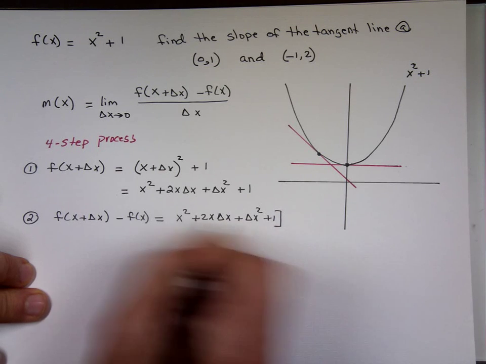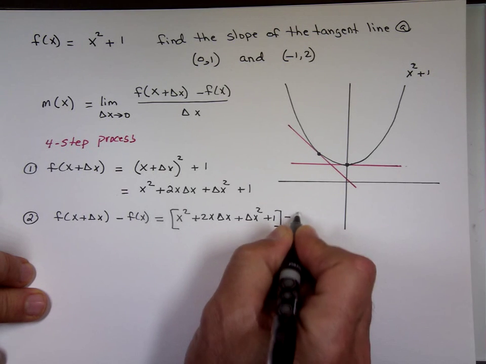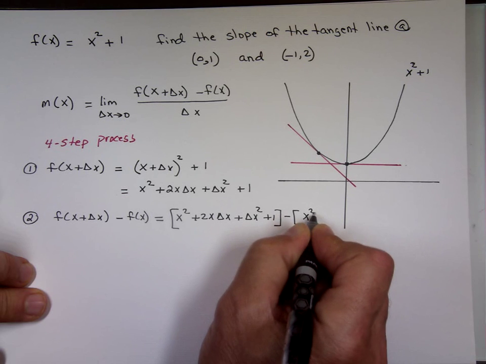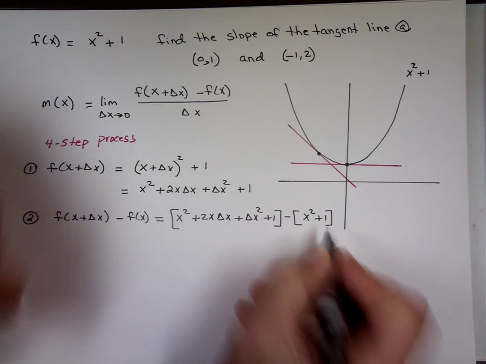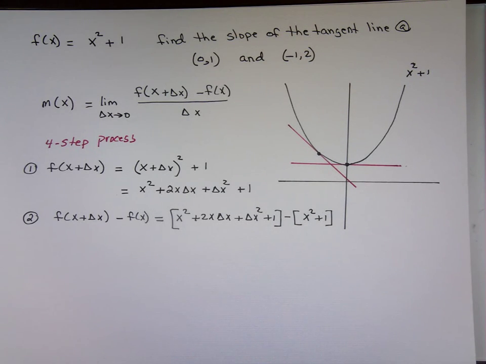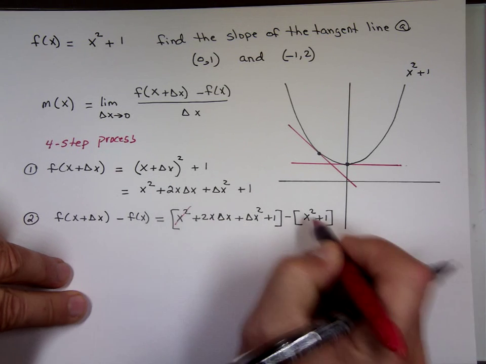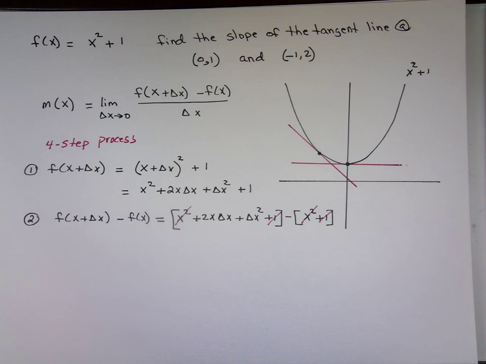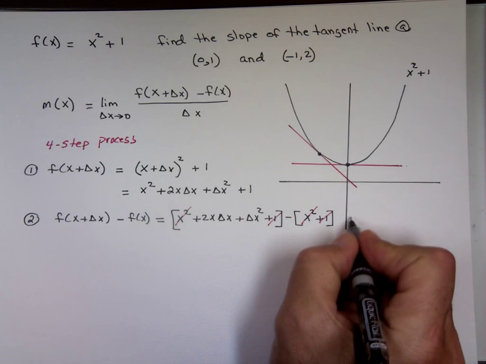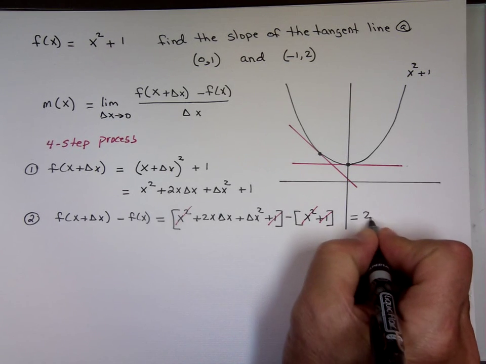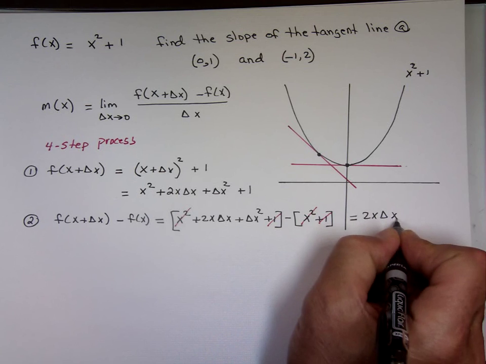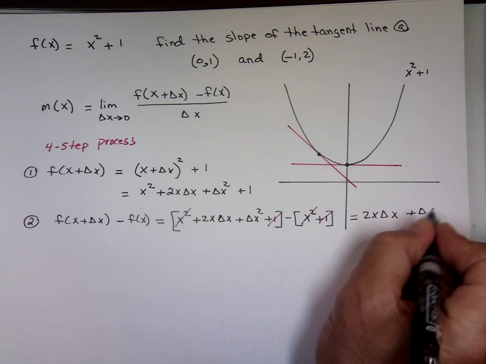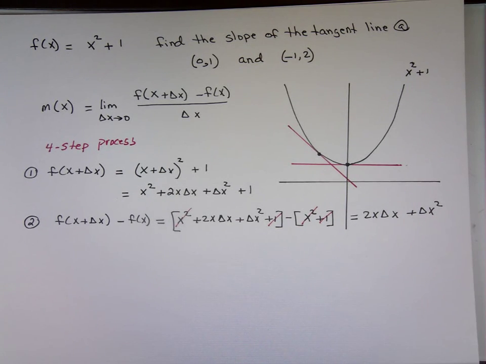Let's subtract from it f of x, which is x squared plus 1. Notice the x squared cancels the x squared, and the 1 cancels the 1. What's left there? 2x delta x plus delta x squared. Step number 2 is completed.